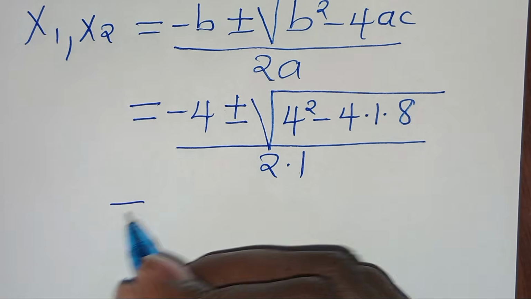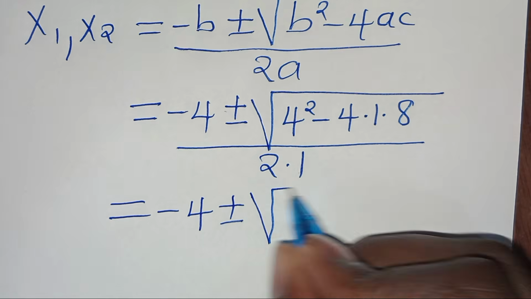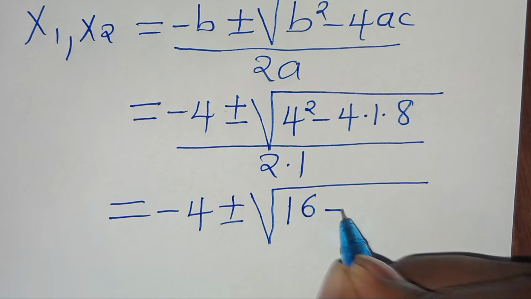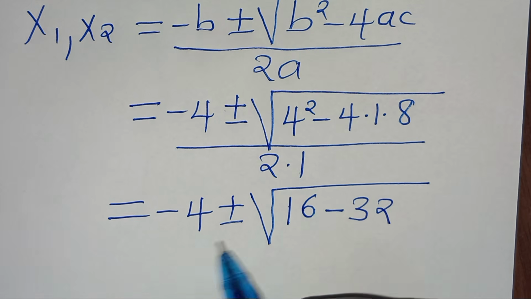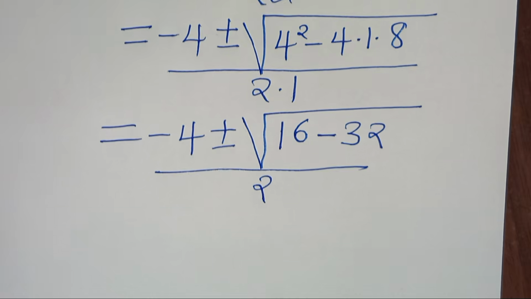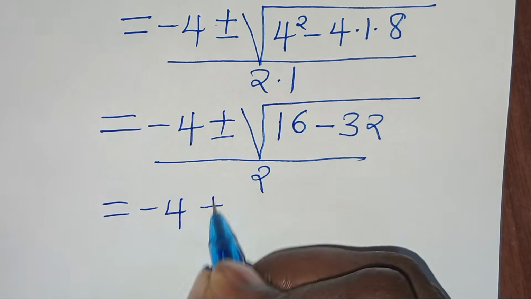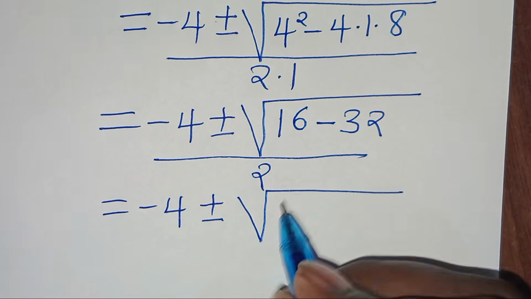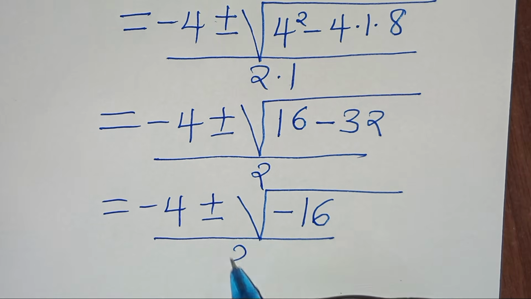This means we have -4 plus or minus the square root of 16 - 32, which is -16, divided by 2.